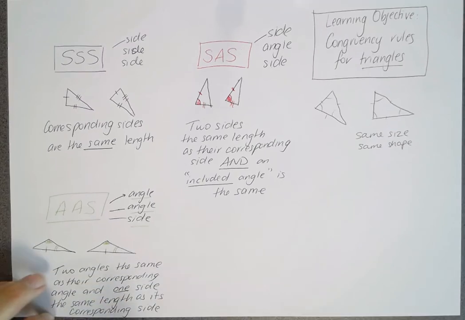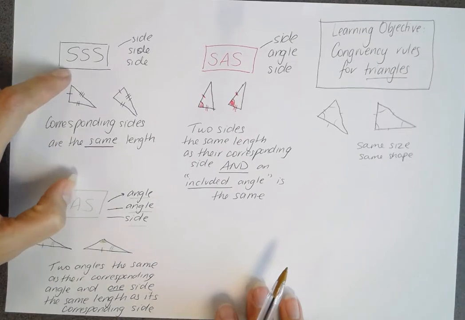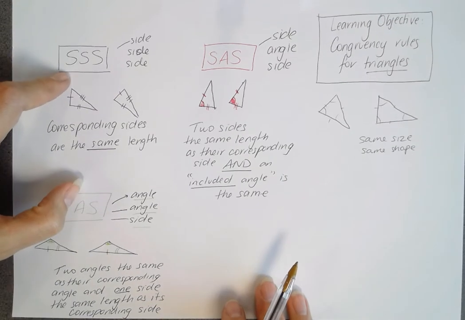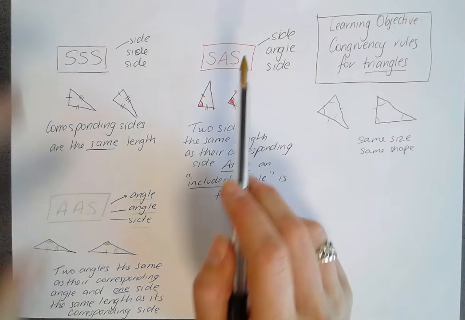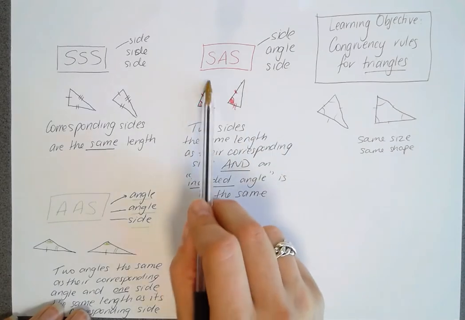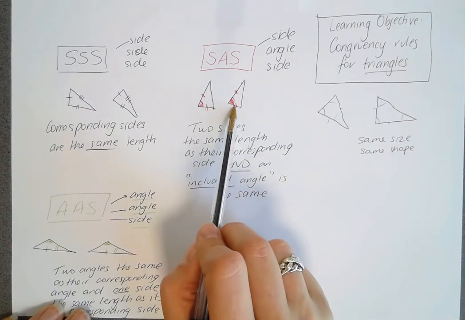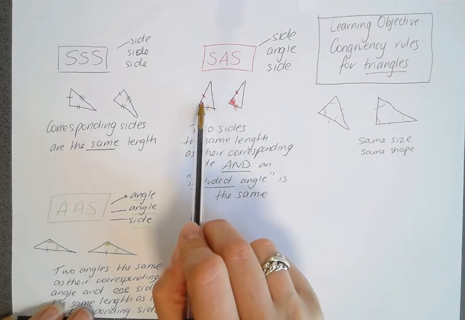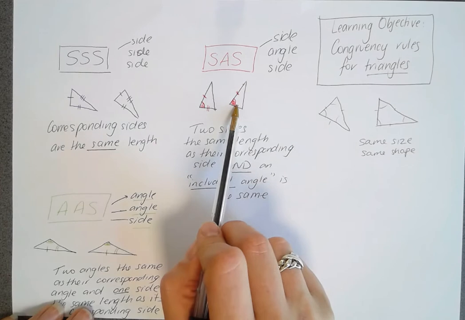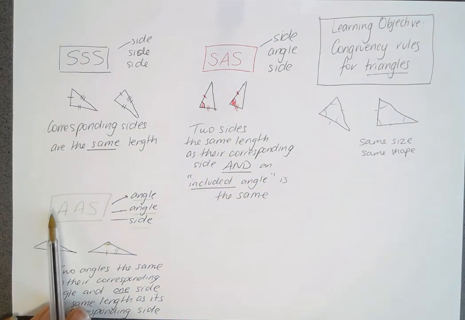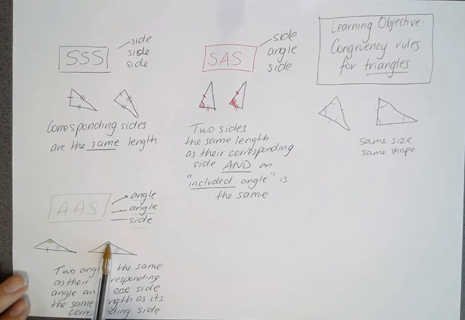All right, so far we've got side, side, side. All sides are the same as their corresponding sides. Side, angle, side. We have two sides that match their corresponding sides, and the angle in between is the same. We've got angle, angle, side, where we have two angles that are the same as their corresponding ones or their partner ones, and one side in that triangle. Doesn't matter where that side is.